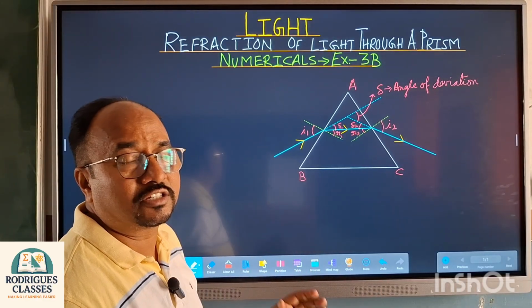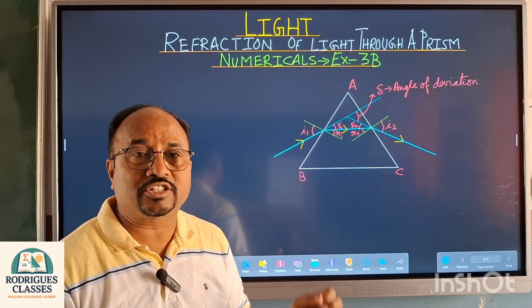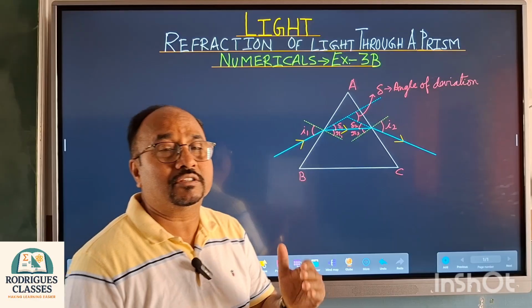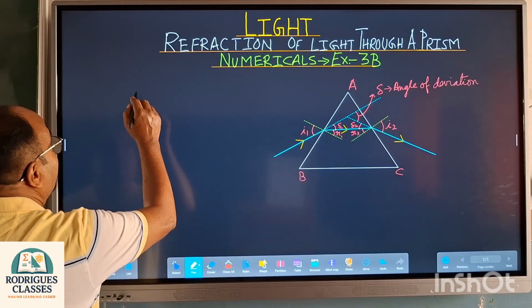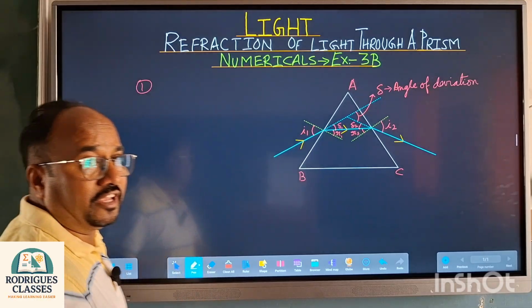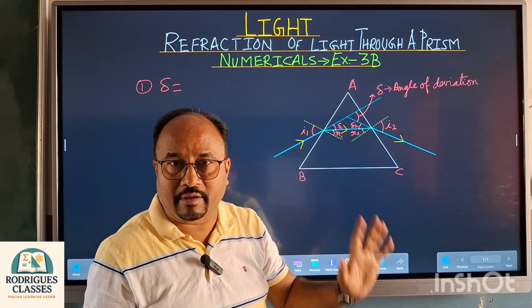So the first relationship is a connection between the angle of deviation, angle of incidence, and angle of refraction at both the surfaces. So the first formula here is for angle of deviation. Delta is our angle of deviation. Remember that.